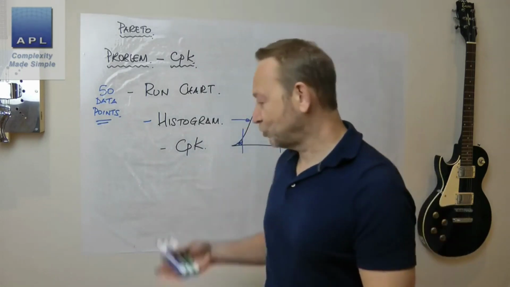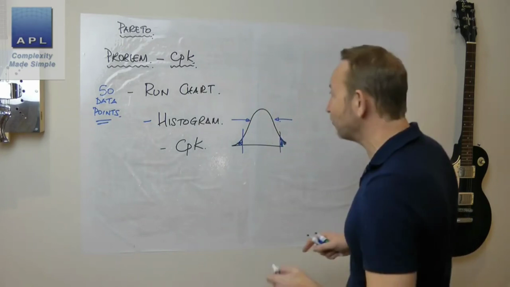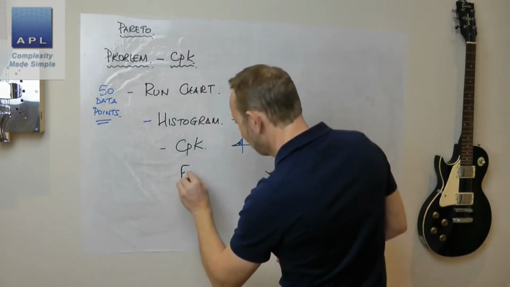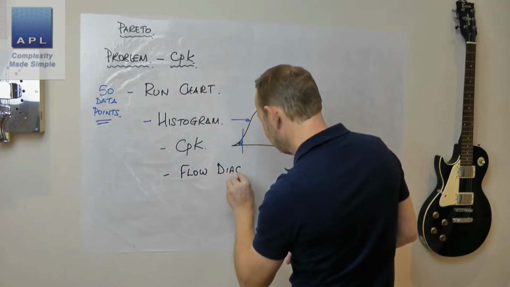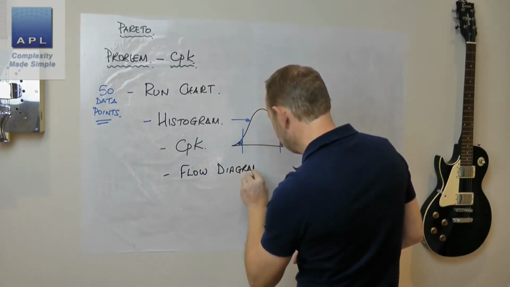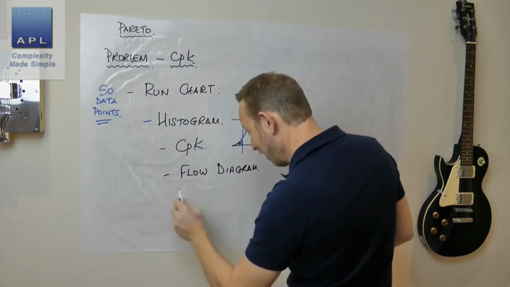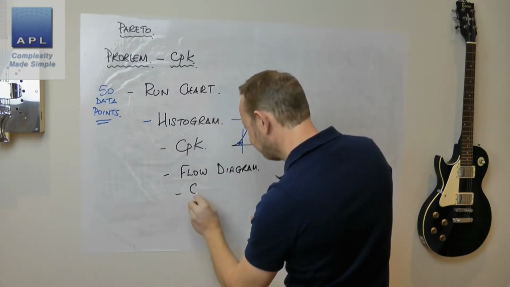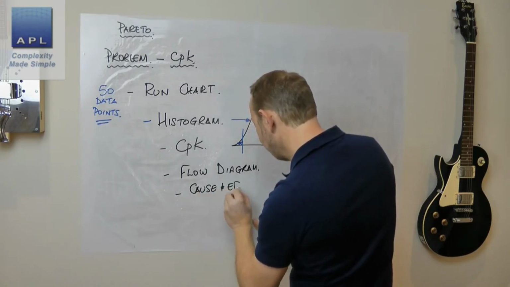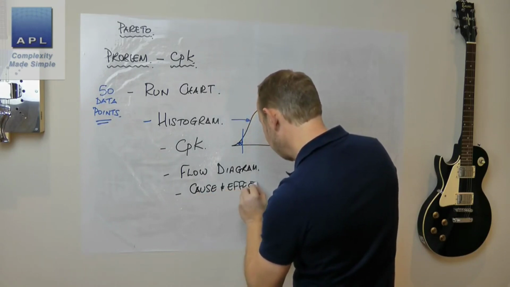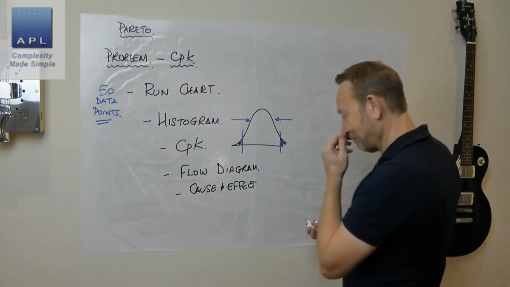Okay, now which tool am I going to use for this? Well, now we're going to go flow diagram, to help me go through every step of the process. Cause and effect diagram. What's the cause and effect diagram going to find me?